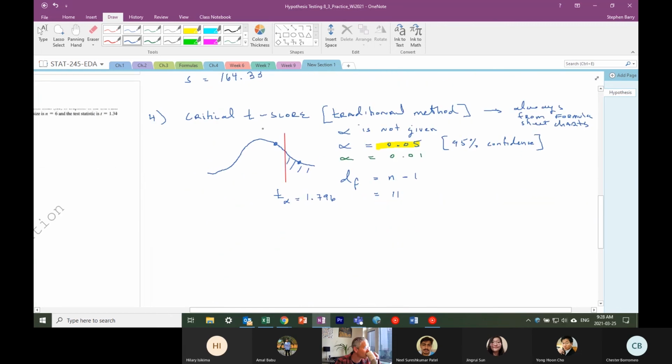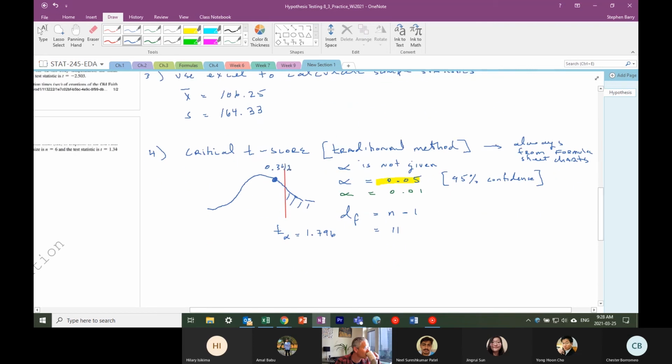And so therefore that value is over here, right? If this is 1.796 on your curve, then 0.34 or whatever it is is going to be over here, right? That's this point here. This is your test score.